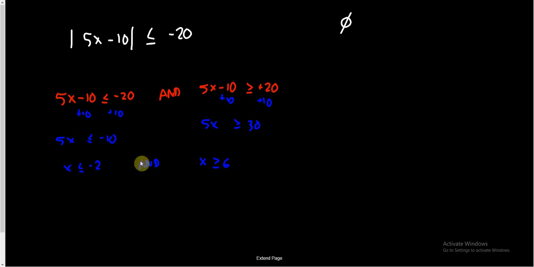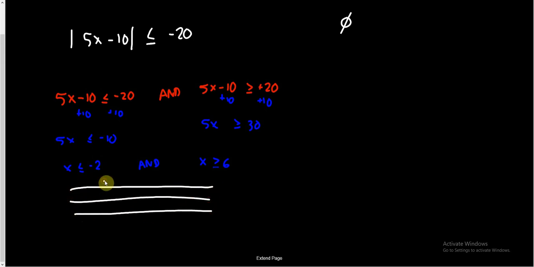Do the three-line method. Let me scroll down a bit to combine these two inequalities. Let's see, negative 2 and 6. So we'll graph the first one, x is less than or equal to negative 2. We'll graph the second one, x is greater than or equal to 6.